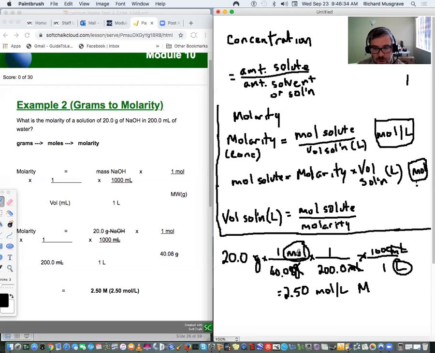So 1 mole of sodium hydroxide is 40.08 grams. And I get that, of course, by taking Na, O, and H and getting the masses of that off the periodic table, adding them together. But you know, on the quizzes that I give you, I actually give you the molecular weights, so you don't even have to do that. Okay, that makes sense. Okay. Does anybody have any other questions?